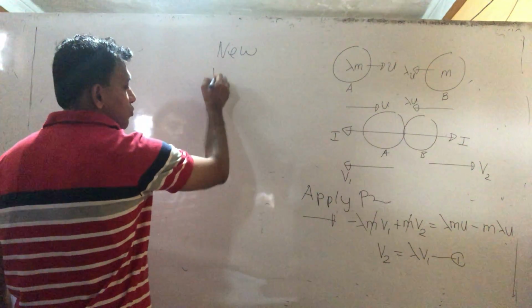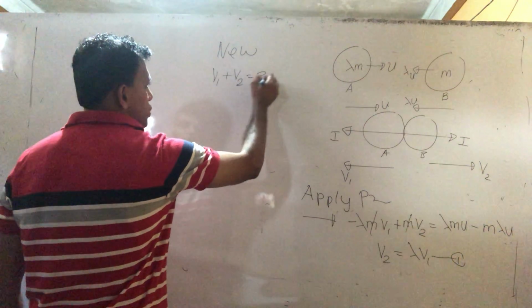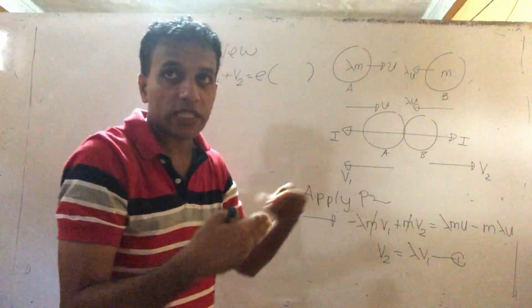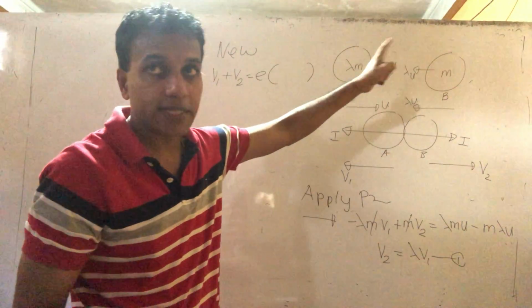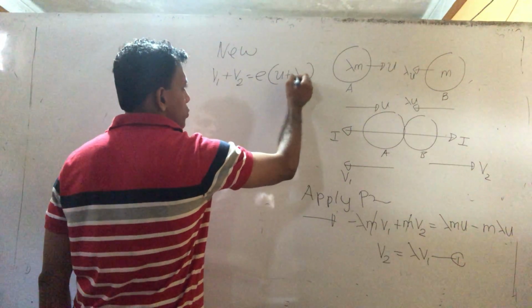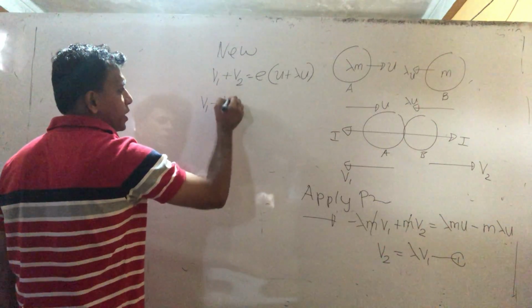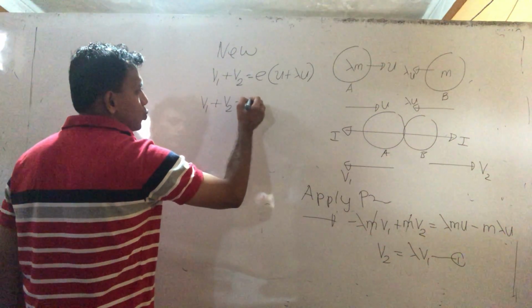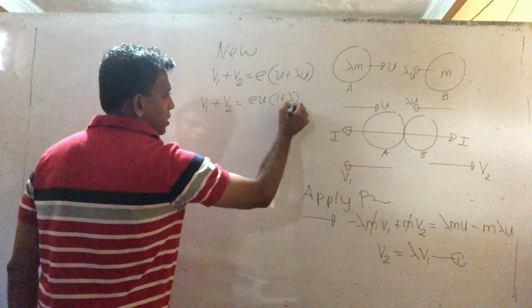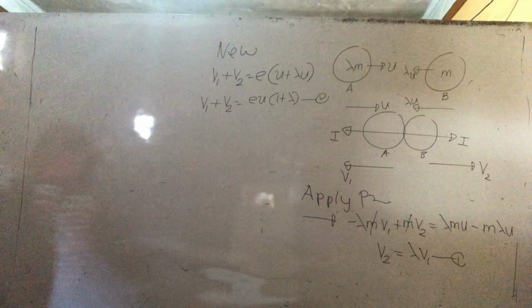Therefore V1 plus V2 equals e into the approach velocity. One is u, one is lambda times u, that is u plus lambda u. Take the u out, it becomes 1 plus lambda. V1 plus V2 equals e u (1 plus lambda). It's your second equation, from Newton's restitution law.